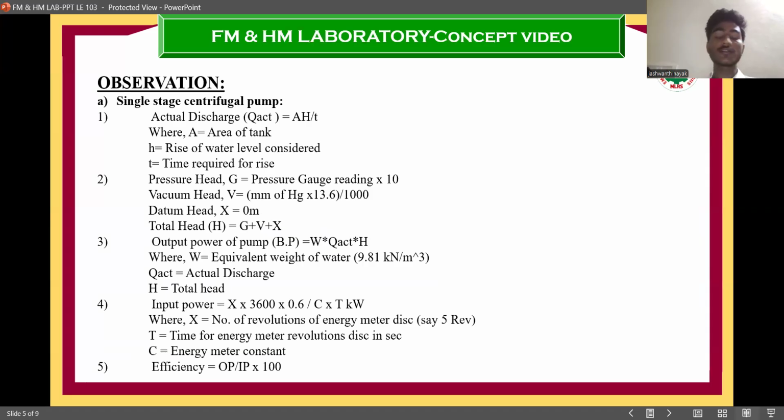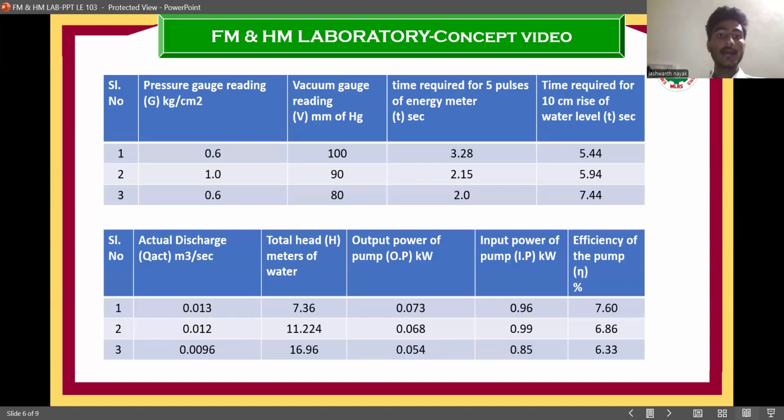Observation. After taking the readings, we calculate the actual discharge, pressure head, output power of the pump, input power of the pump, and the efficiency of the single-stage centrifugal pump. I have done this experiment in the FM and HM laboratory.